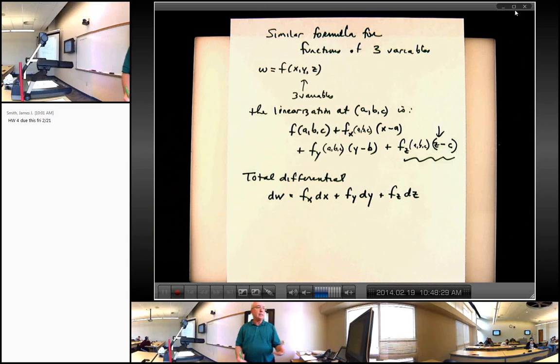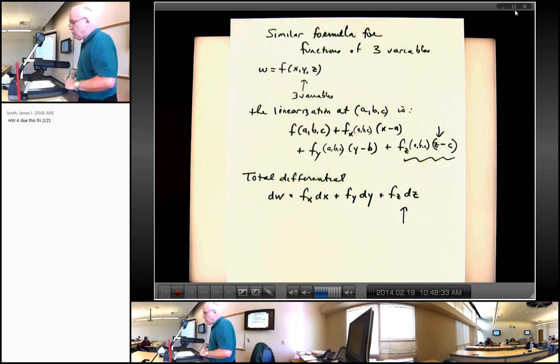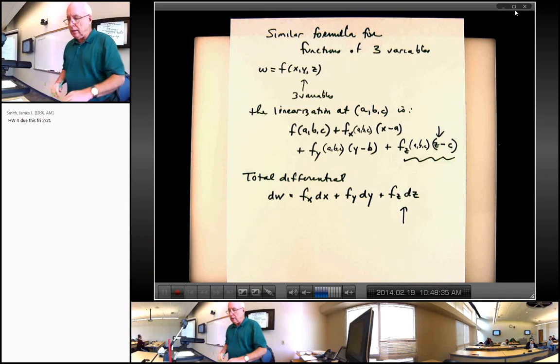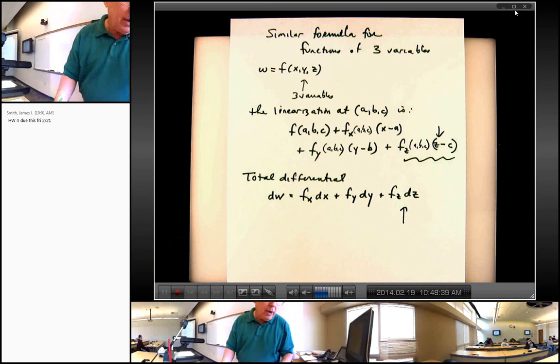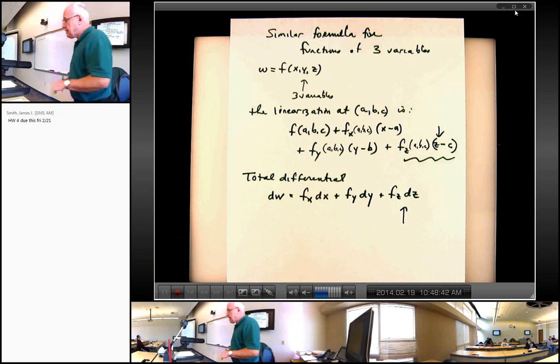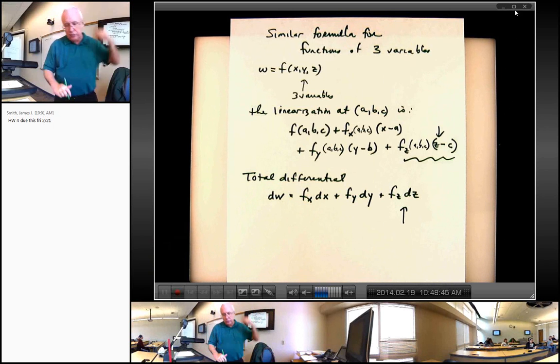So again, it's similar to the other one. It just now has this extra term corresponding to the third variable z. All right. So that's section 14.4 about tangent planes and differentials.